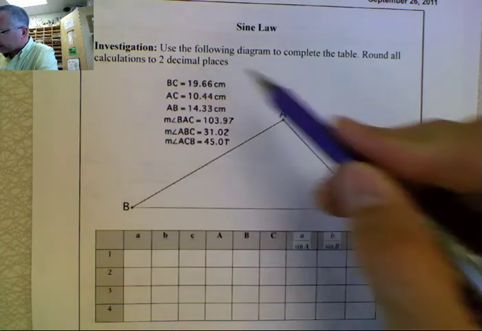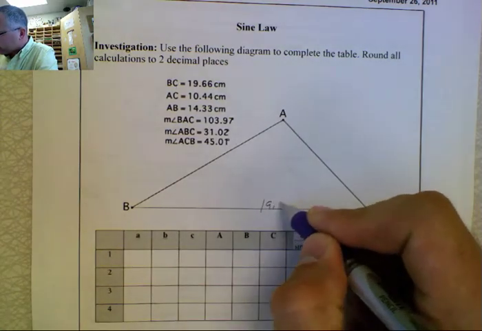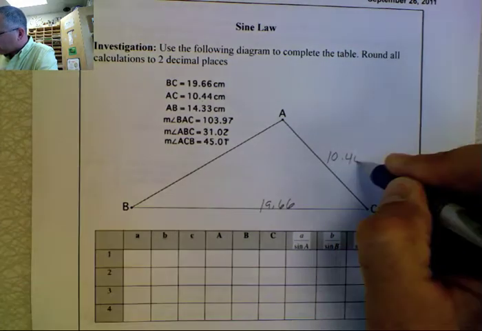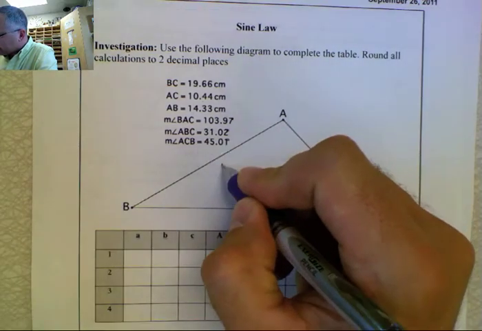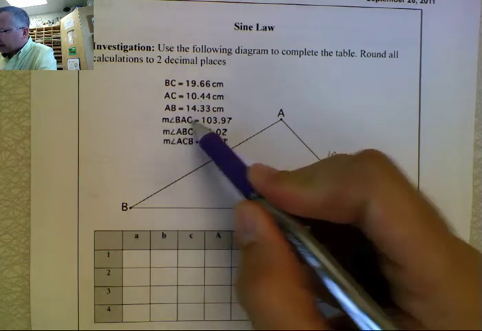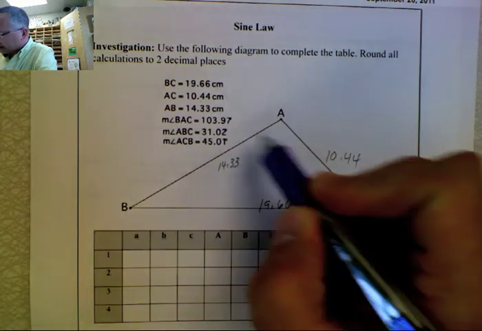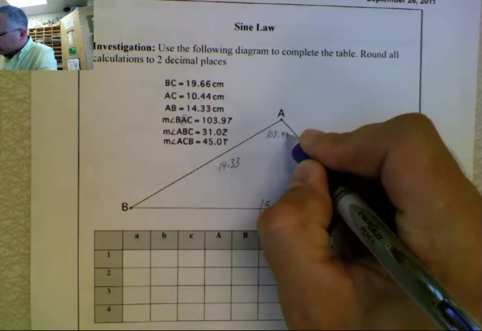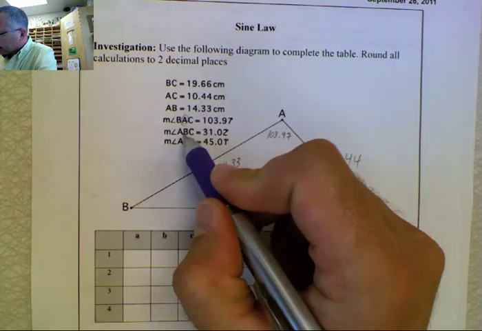First of all, they tell us side BC is 19.66, side AC is 10.44, and side AB is 14.33. Now angle BAC, the middle letter tells us the angle we have, is 103.97.